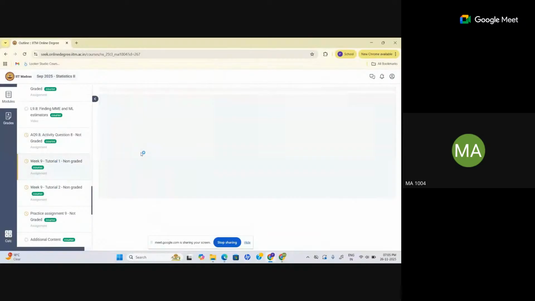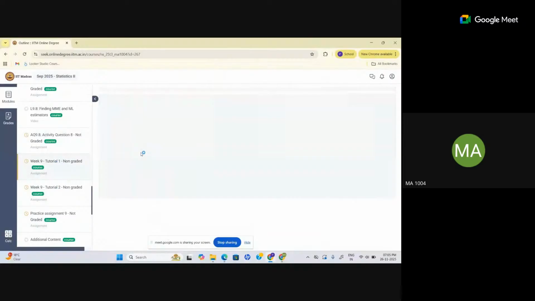Let x1 bar and x2 bar be the sample means of two independent samples of x. The expected value of x1 bar and x2 bar equals mu. Is the estimator mu hat for mu biased? So the estimator is given, and you have to check whether it is biased or not.